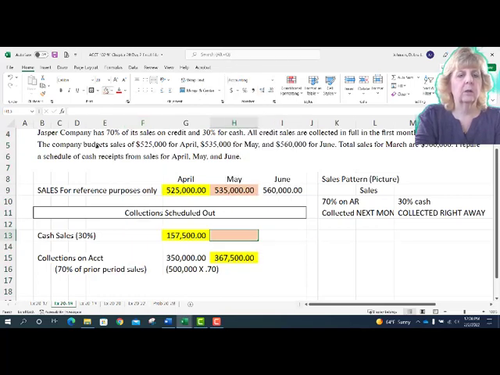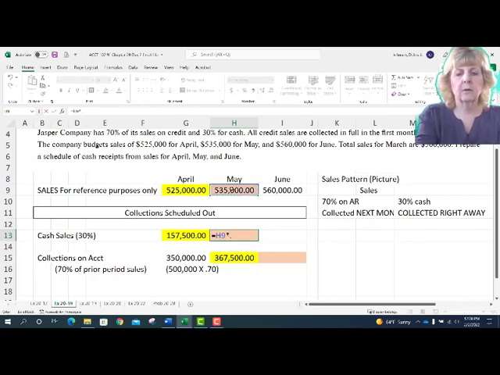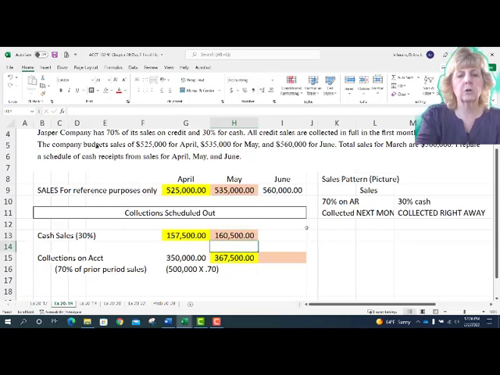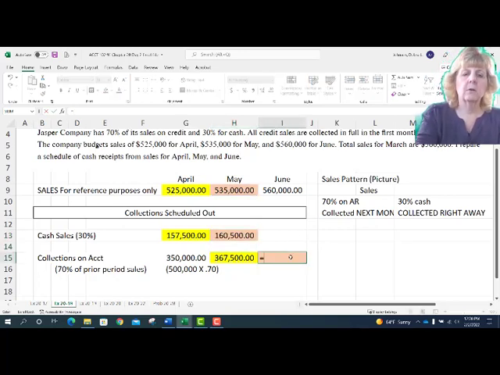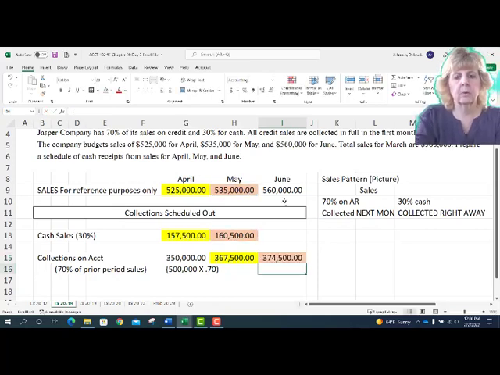I'm going to put color in the cash and color in the collections, and get yourself into the habit of double checking your work. So I'm going to take 30% of May sales as coming in cash, and then the remainder of it will come in the next month. You'll see again the colored stair-step approach.